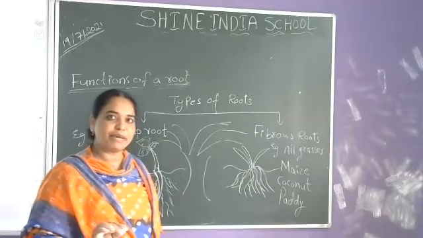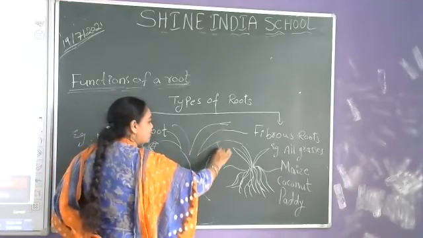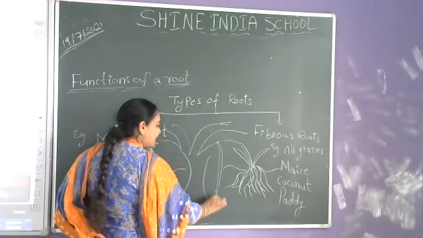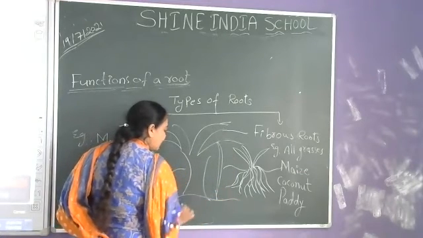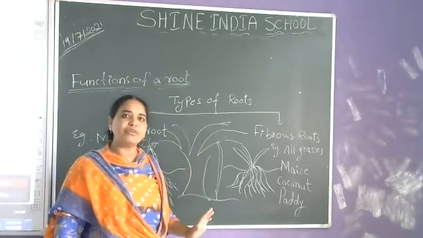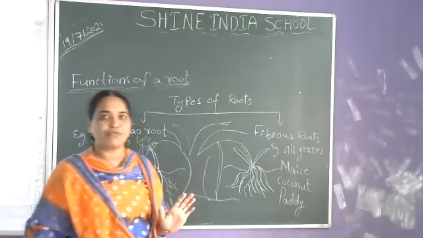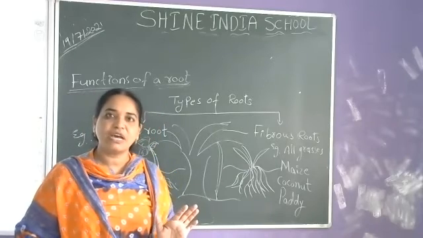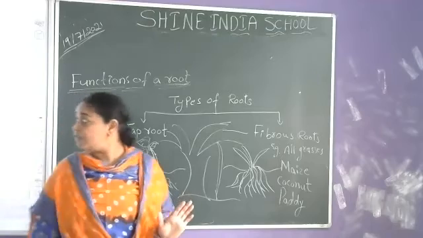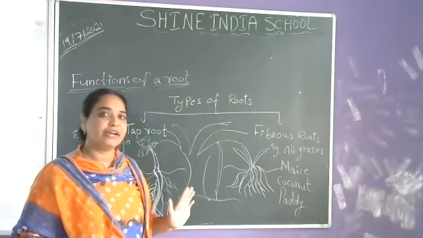In banyan trees, we observe roots arising from the branches, and again they enter into the soil. So the banyan tree has two types of roots. Aerial roots are also called hanging roots.